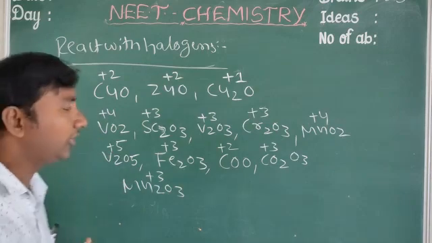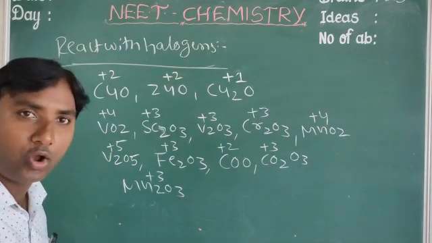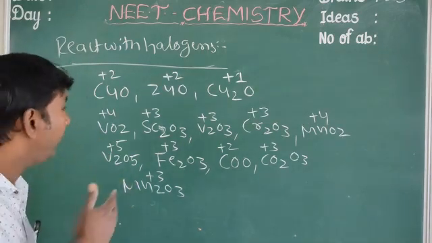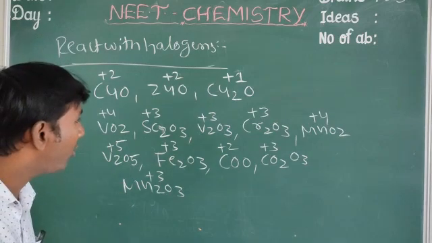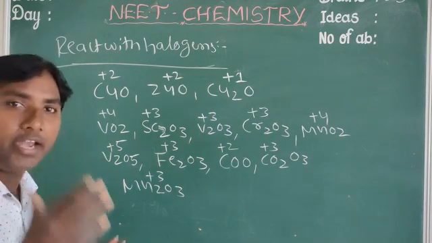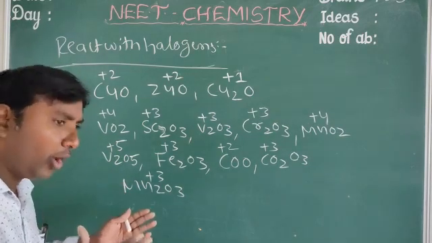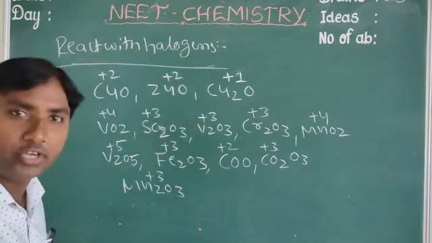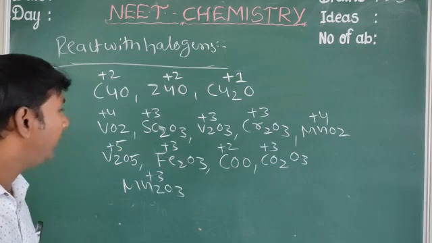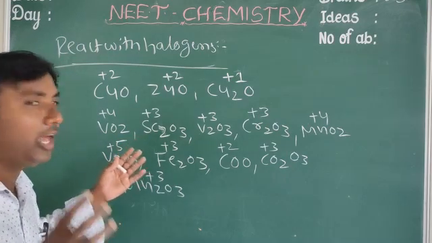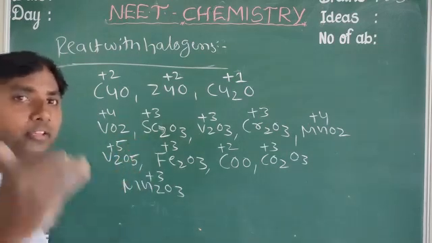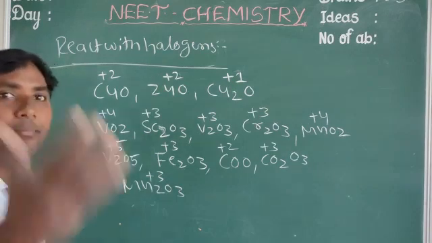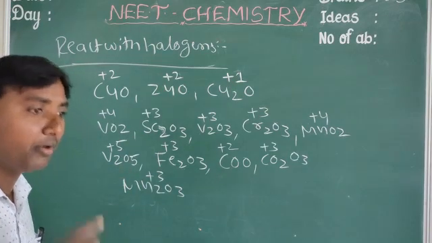So oxygen can form compounds in different oxidation states with transition elements: stable in lower, higher and middle oxidation states, such as +3, +4, +5.